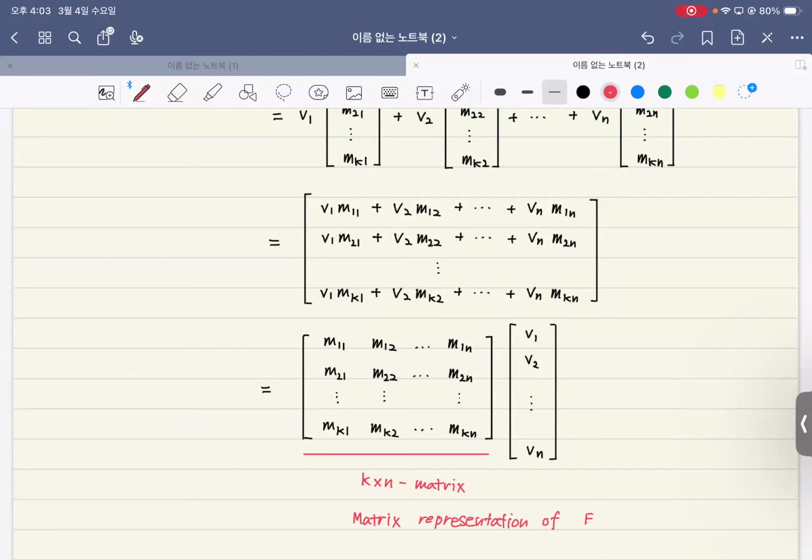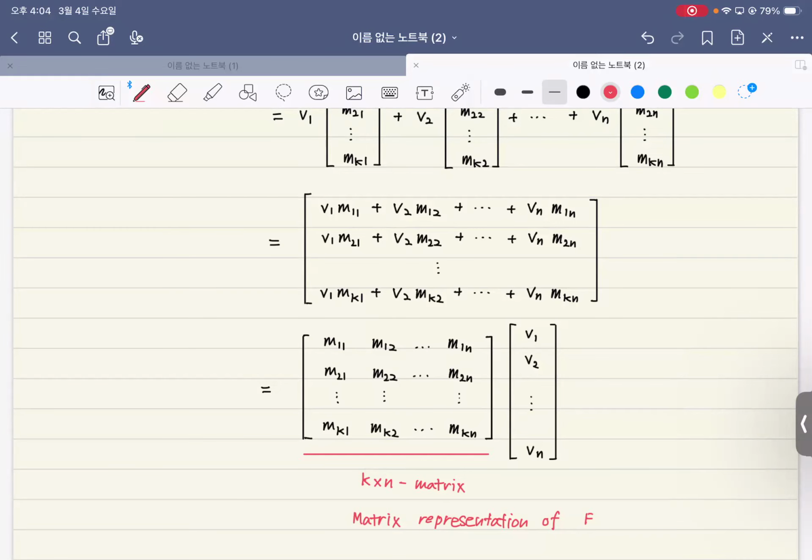Is it linear? No, this is not. This is a nonlinear function because typically whenever you have the square function, then it's not a linear function.